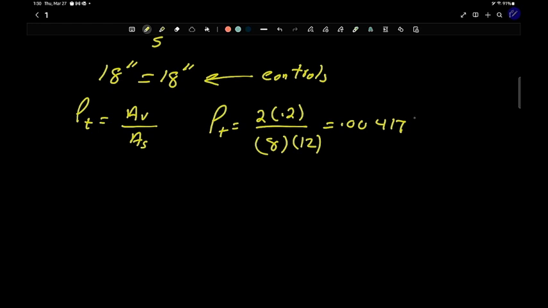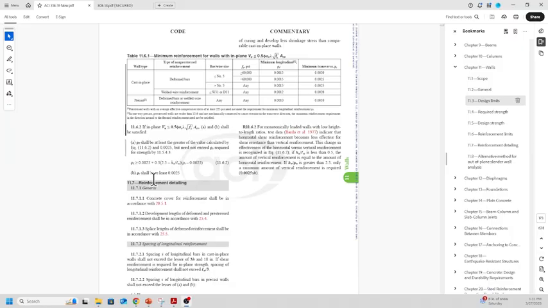And this should be bigger than the minimum. Let's find out what the minimum requirement is. ACI 11.6.2. Let me see if I can find that. It says rho t should be bigger than 0.0025. Right here, it should be at least that much. All right, let's go back to the writing here.